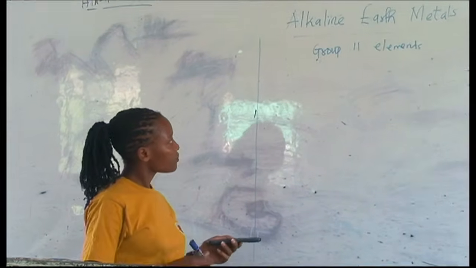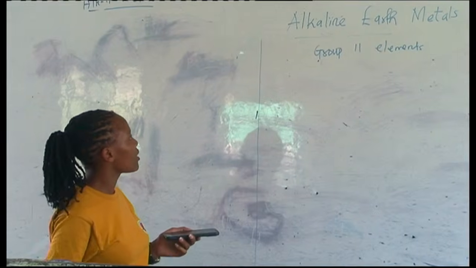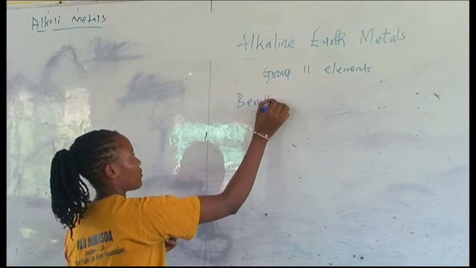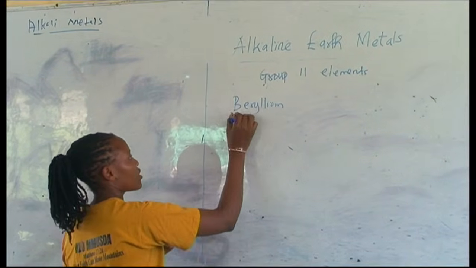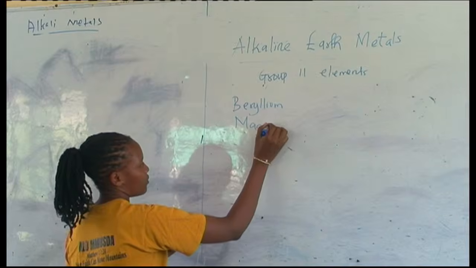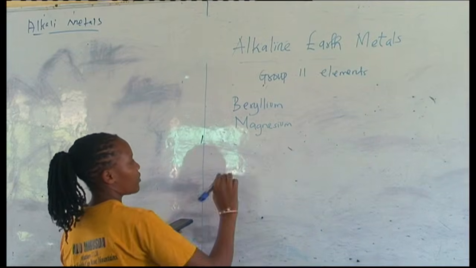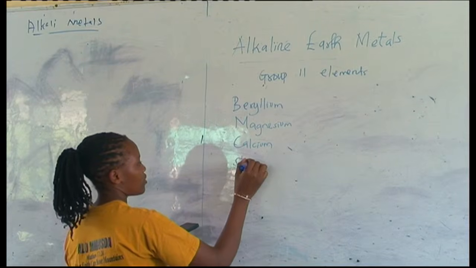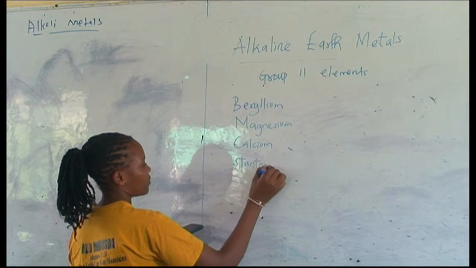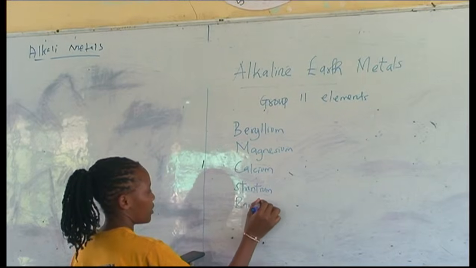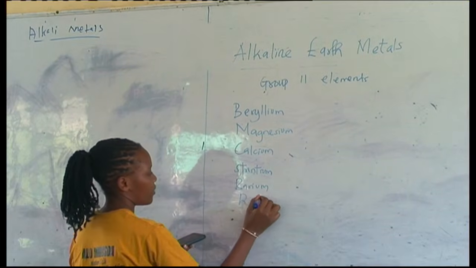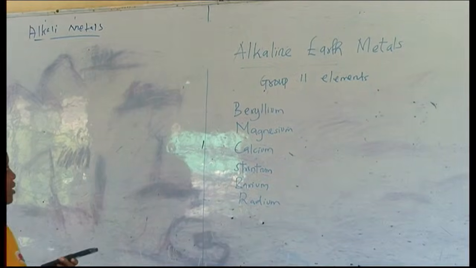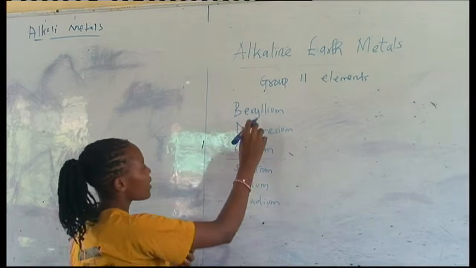Group 2 elements include beryllium, magnesium, calcium, strontium, barium, and radium.